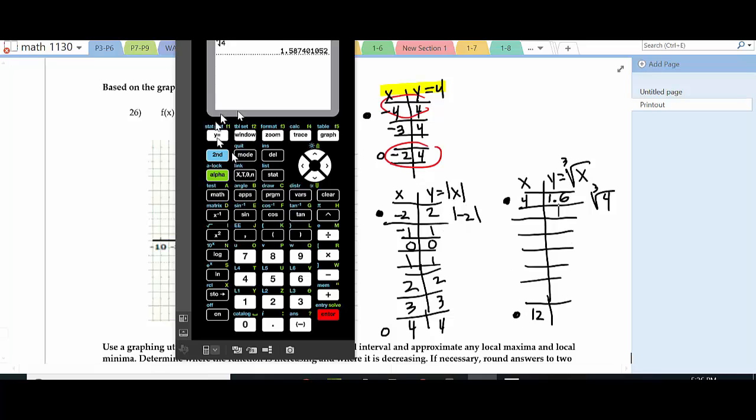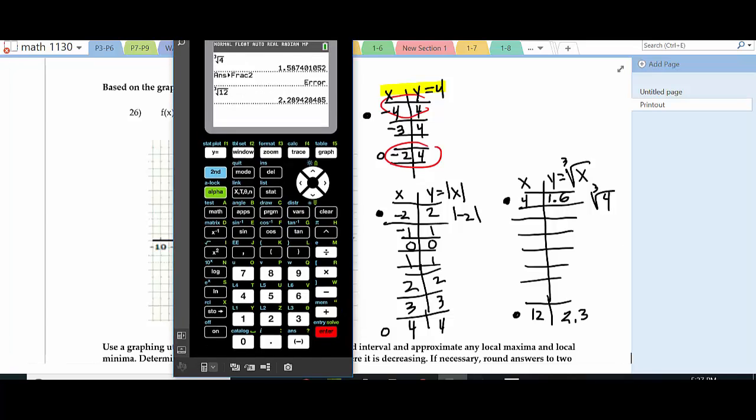Then I'll go to the 12. So if I go math and then option 4 and cube root of 12, I'll get a decimal on that. Okay, so that's going to give about 2.3. Okay? All right, and that's good enough.